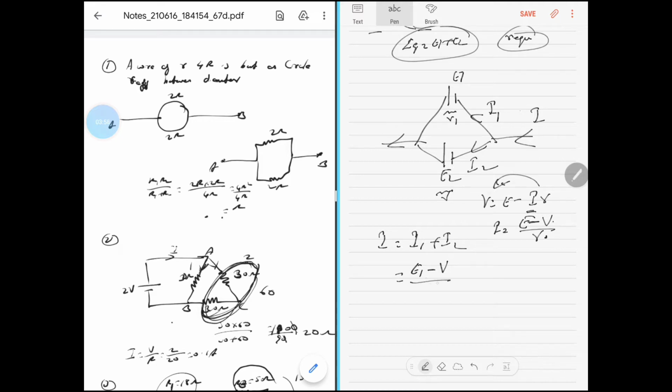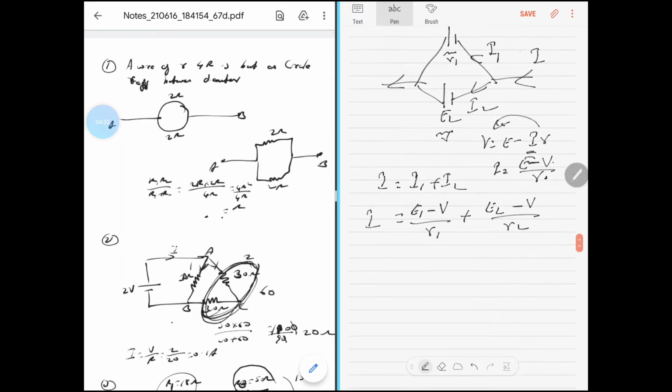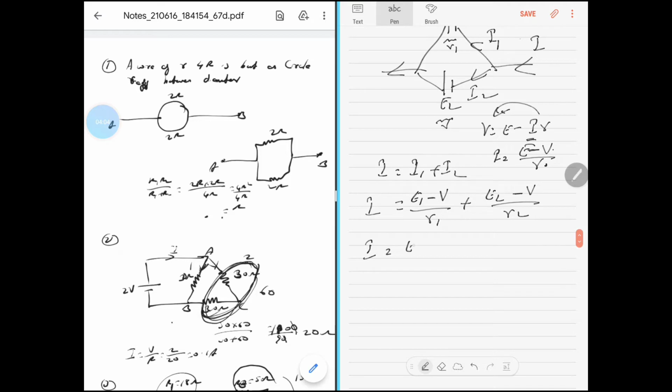E1 minus V by R1 plus E2 minus V by R2 is what is I. Now split this up: E1 by R1 plus E2 by R2 minus V into 1 by R1 plus 1 by R2. Let's write it like that, consolidating.